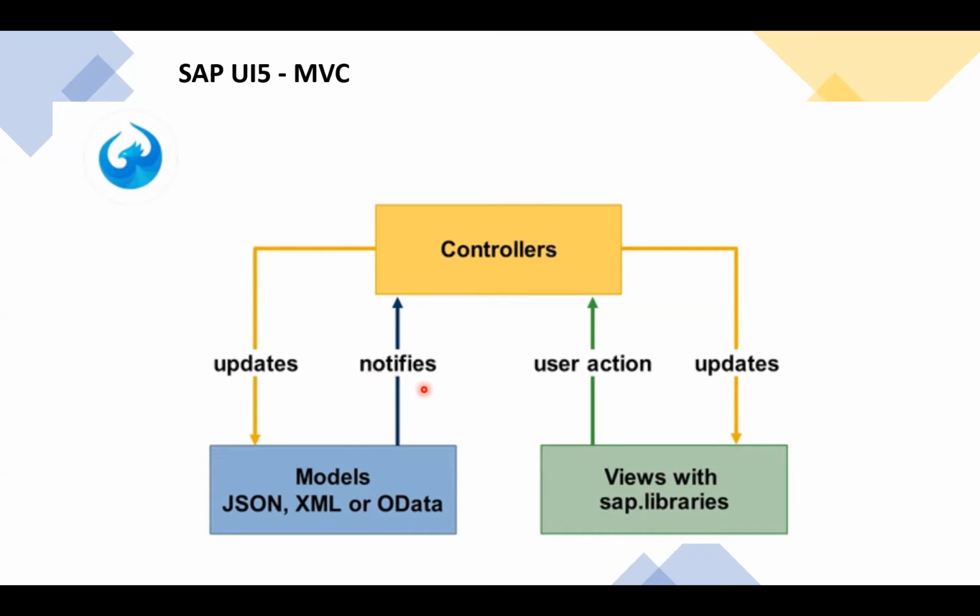So here in SAP UI5 or OpenUI5, both, the models are JSON models, XML models, and OData models. They are tightly integrated with backends.